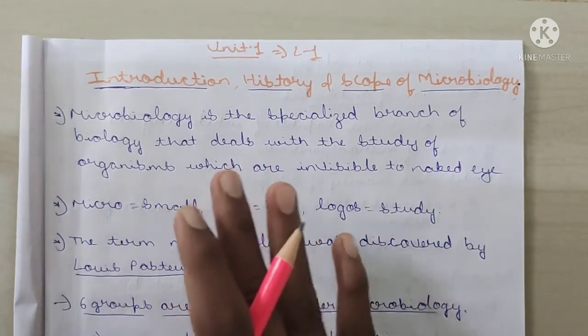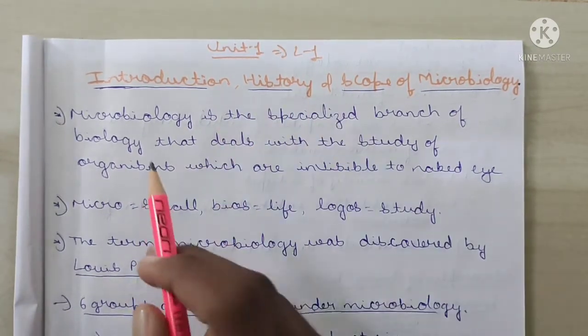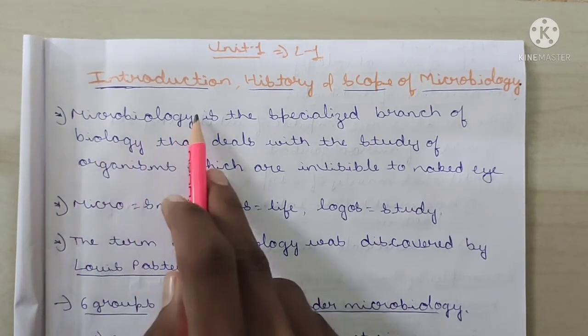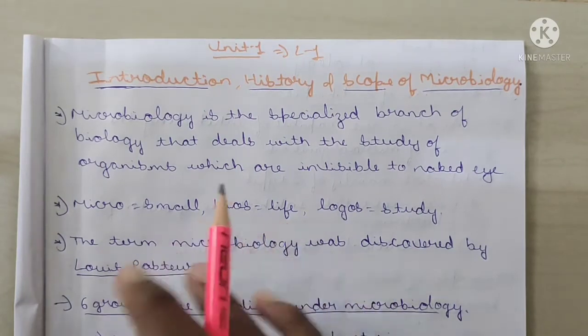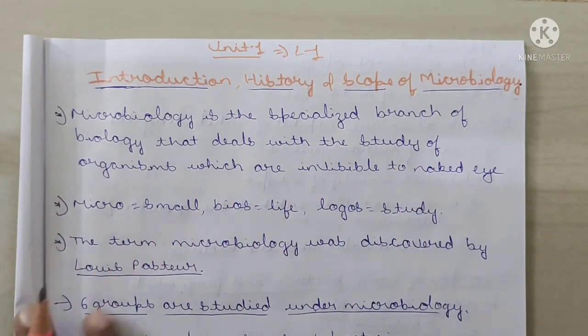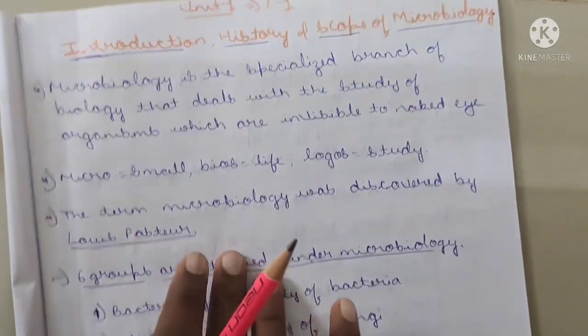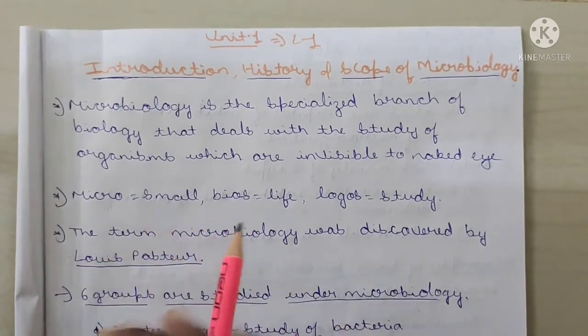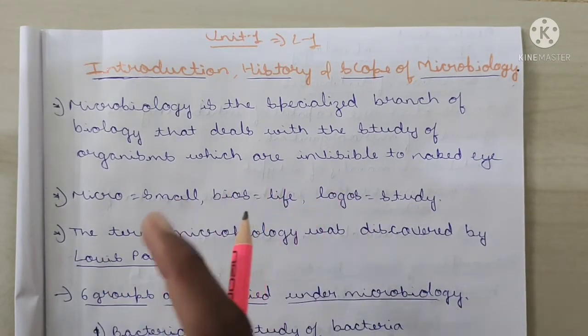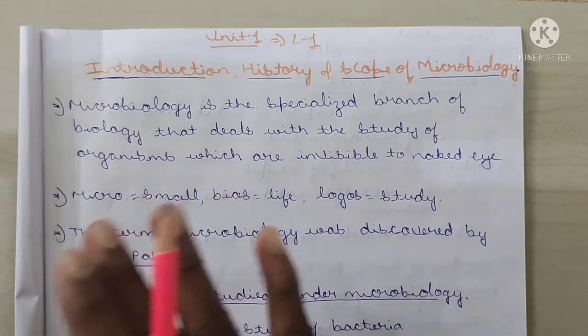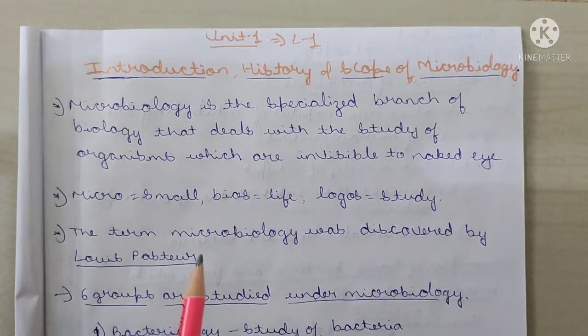First of all, we discuss what microbiology is. My dear brothers and sisters, microbiology is a specialized branch of biology that deals with the study of organisms which are invisible to the naked eye.